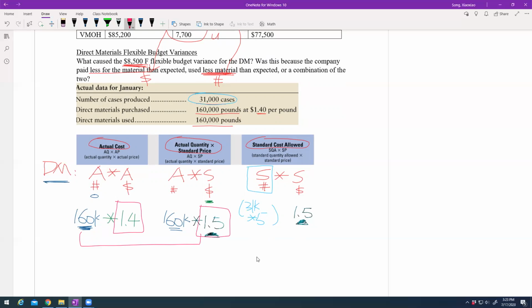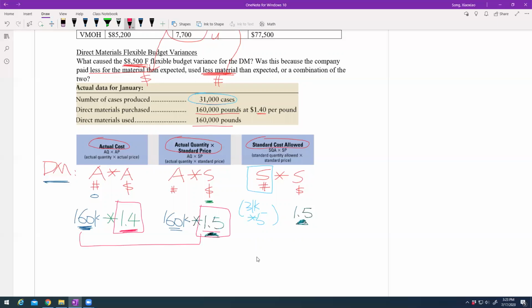The standard says 1 pound of the direct material costs $1.5. But for whatever reason, maybe because you are handsome, because I'm pretty, our supplier agreed that for 1 pound, we can get it for $1.4.